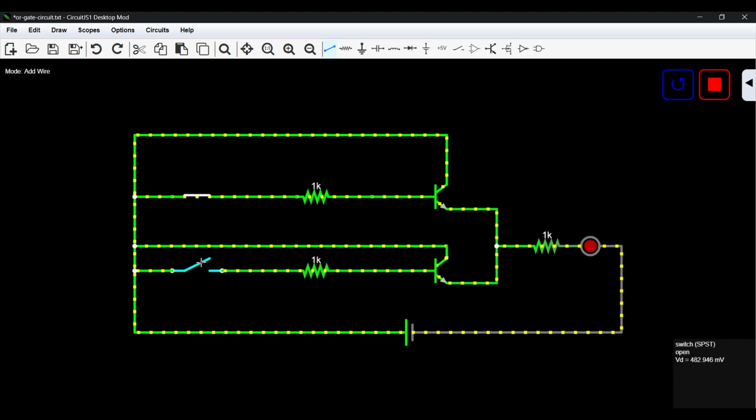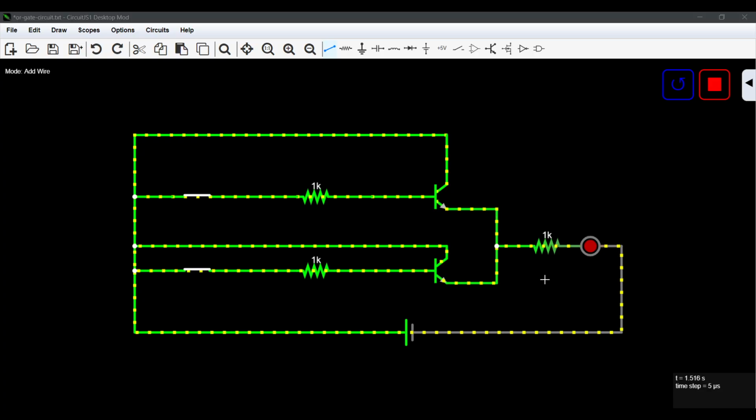If both of them are on, still on, because it chooses all of the paths and still the output is okay. So essentially that's how logic gates work.